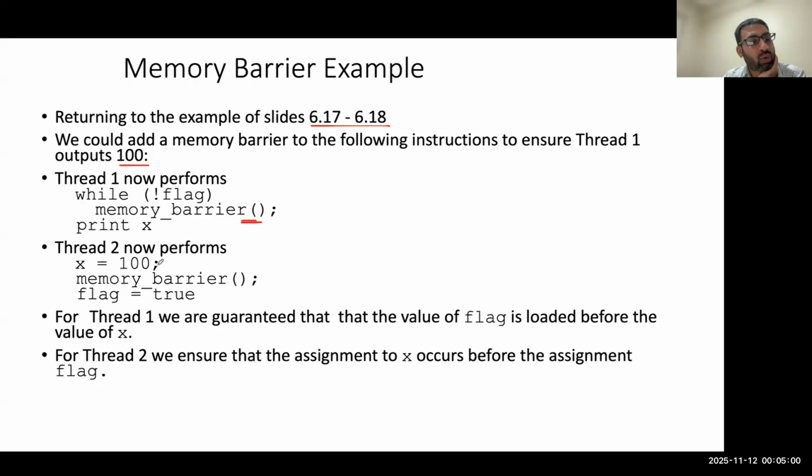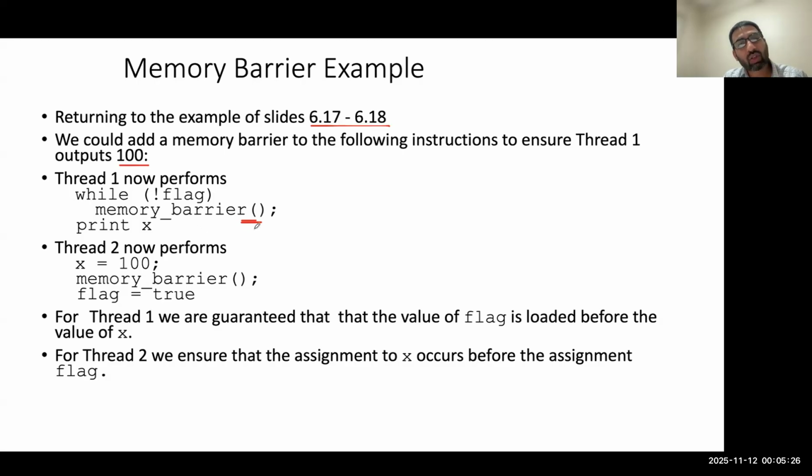Maybe the instructions in thread 2 are reordered, or maybe instructions in thread 1 are reordered, and in both cases we were seeing the wrong output. So we can put the memory barrier in the code of both thread 1 and thread 2. We are putting in thread 1 the memory barrier between the while statement and the print x. Similarly, we are putting a memory barrier between x equal to 100 and flag equal to true.